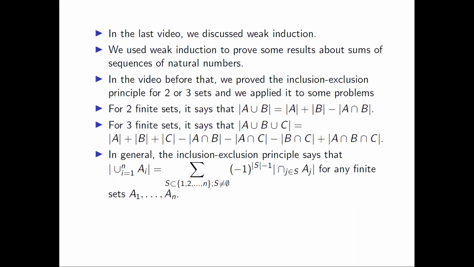We didn't prove the inclusion-exclusion principle for any numbers of sets past 3, although if we wanted to prove it for 4 and 5, we could have followed a similar proof. It would have just gotten increasingly complex.